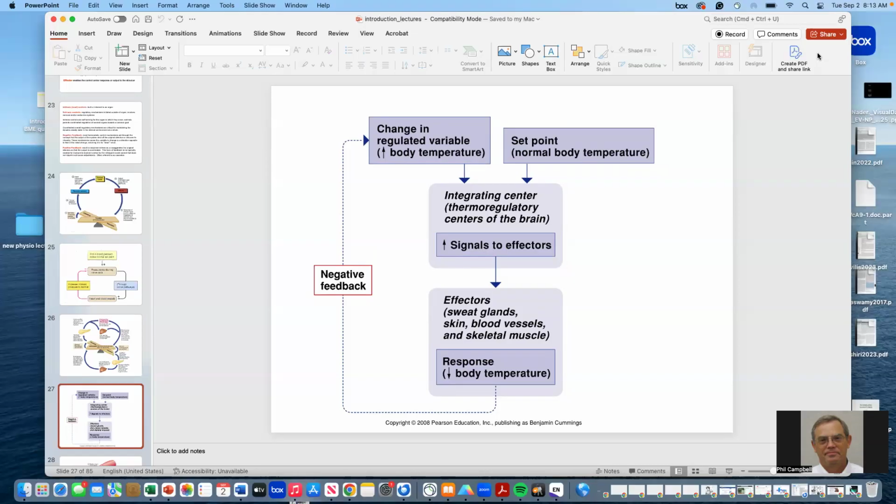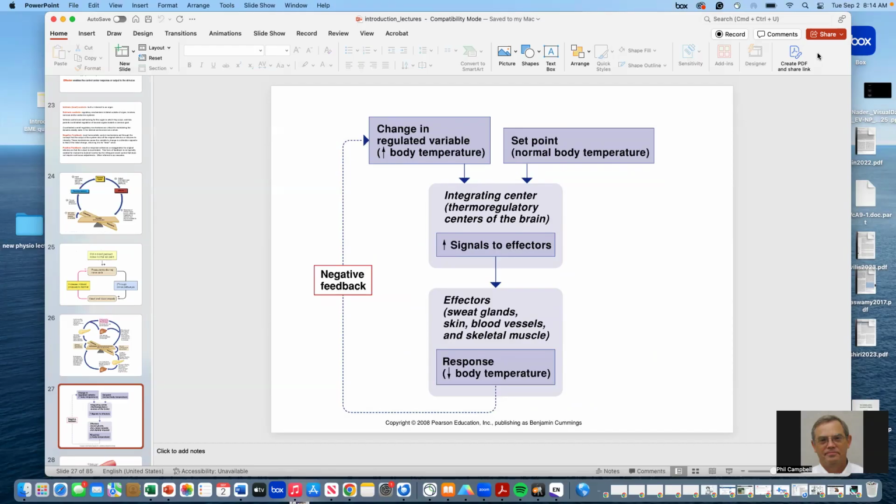This is measured by a set of receptors in your brain, and they will then initiate a series of effectors with the net result being to reduce it. These effectors can be such things as inducing you to sweat, which increases evaporative heat loss.